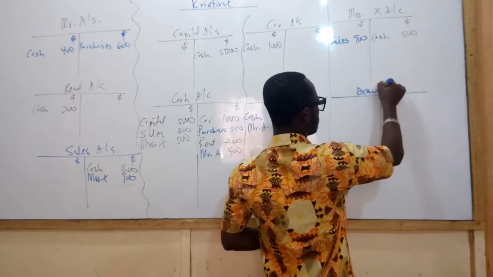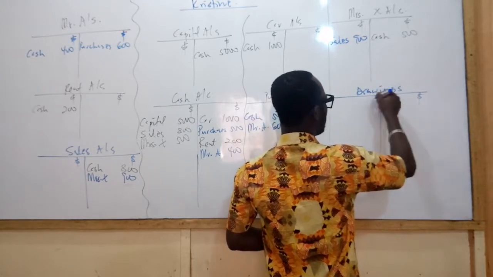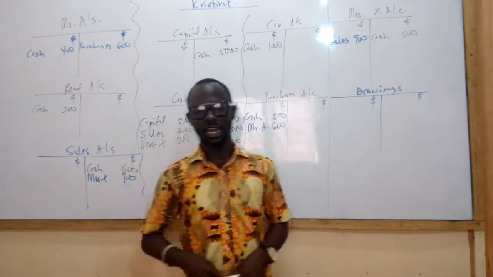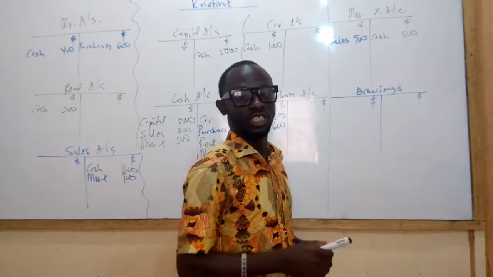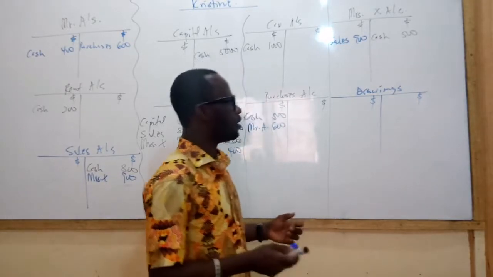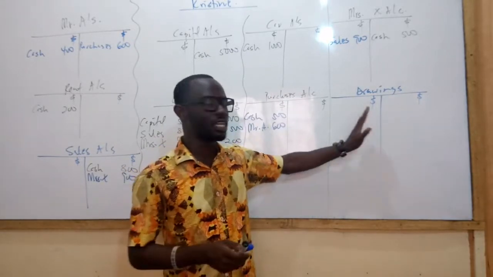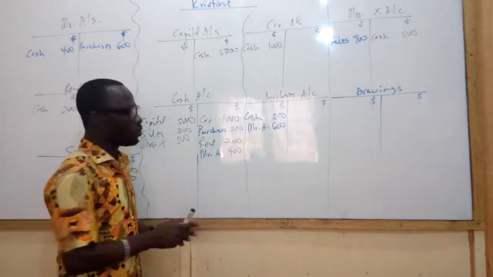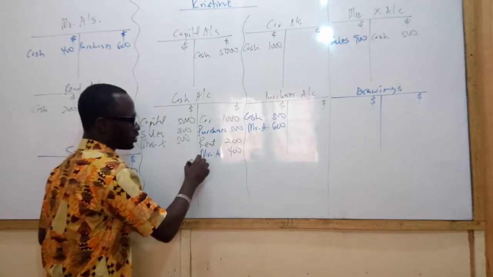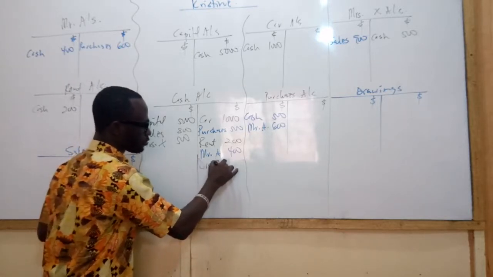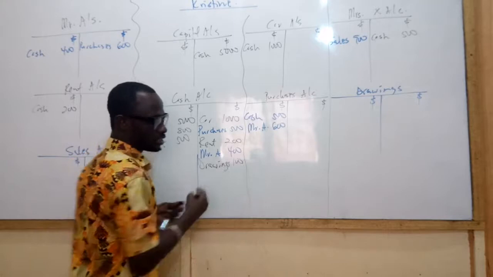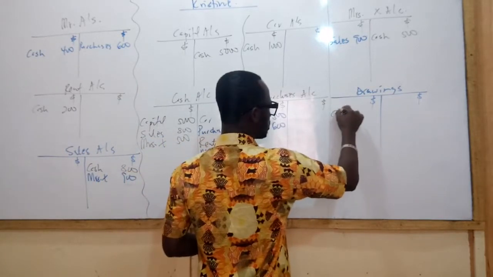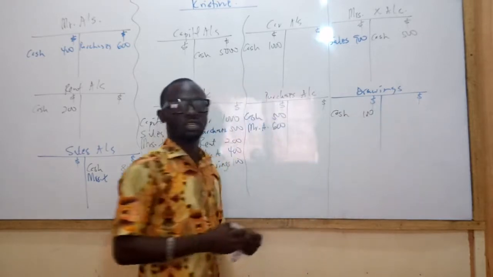So she withdrew the money, maybe she used it for her birthday party or something like that. At least it's her business, so she's at liberty to withdraw the money. Now the drawings account keeps a debit balance all the time. So the cash will reduce. So we're going to be crediting the cash account in the name of drawings, $100, and then we debit the drawings account in the name of cash, $100.